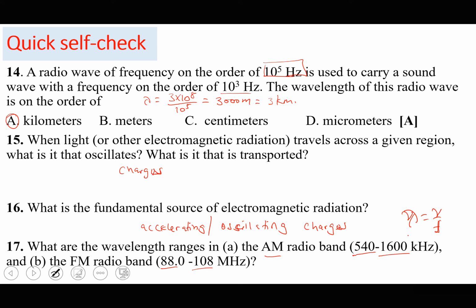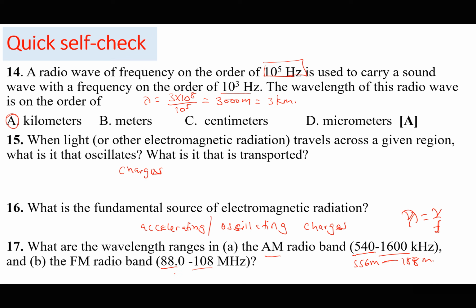So it is 3 times 10 to the power of 8 divided by 540,000, which is 556 meters, up to 3 times 10 to the power of 8 divided by 1,600,000, which is 188 meters. So that is the range.